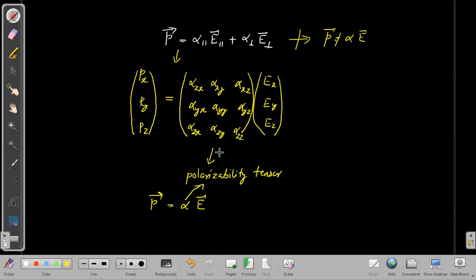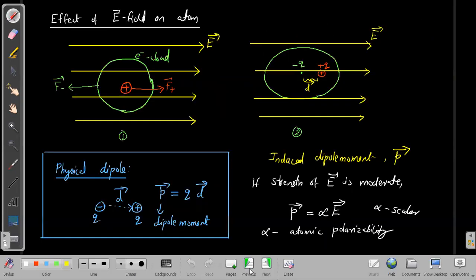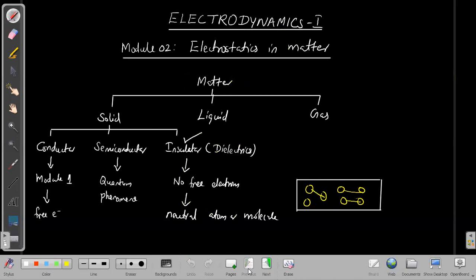Okay, so if a molecule has a net dipole moment, then what would happen? I think I will discuss that in the next session. Before that, I will just summarize what we have discussed till now. Electrostatics in matter is basically a discussion of the static electric field on an insulator. Microscopically, an insulator contains a very large number of neutral atoms or neutral molecules.